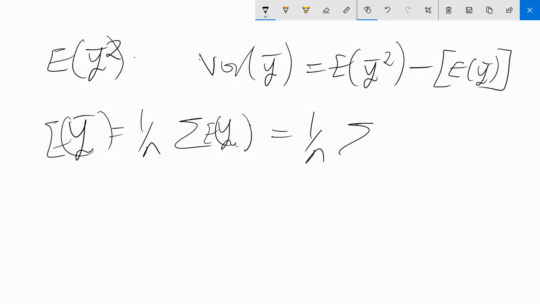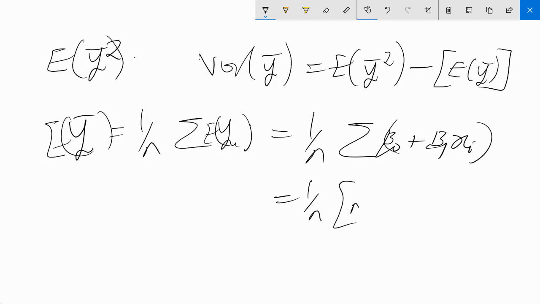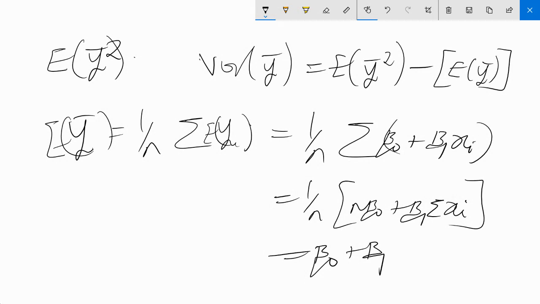And this will give us beta 0 plus beta 1 xi, like this. Then you distribute in the summation. This will give us n beta 0 plus, because of xi here, we'll have this. Then you multiply everything by 1 over n, you will have this plus, and this one divided by n will give us x bar. Is that one clear? Yes.